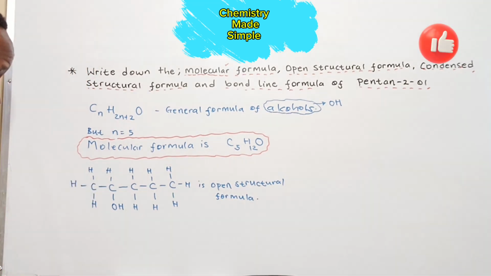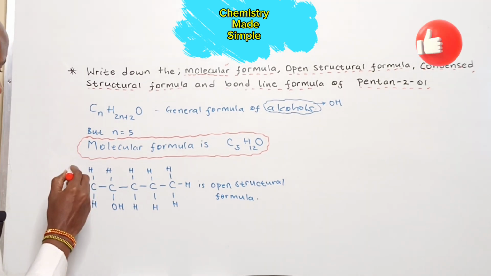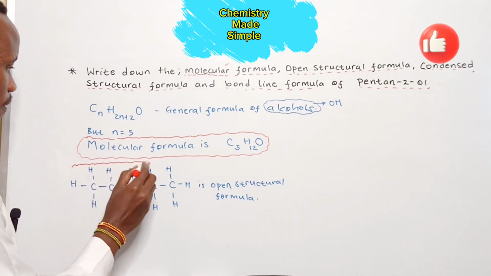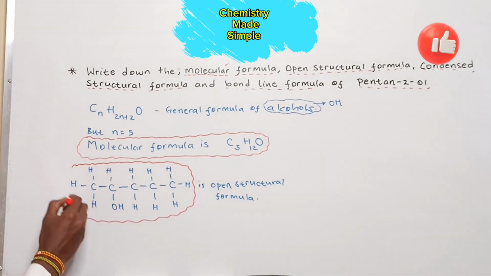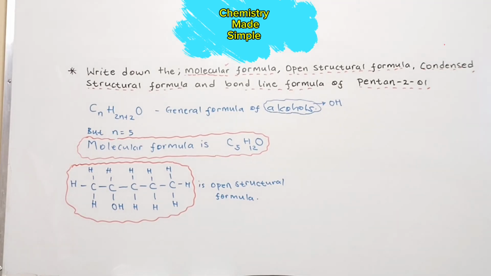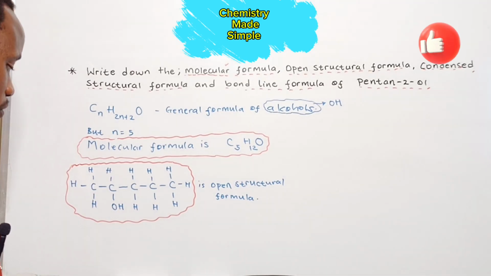Now from our open structure formula, we can generate the condensed structure formula. How do we generate it?